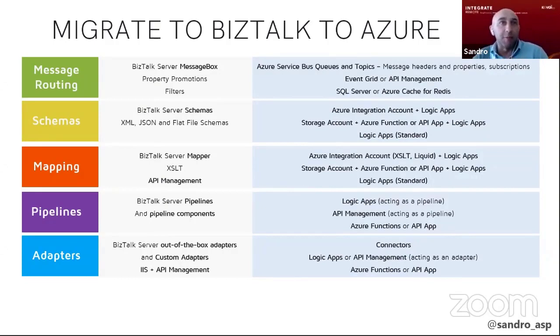For example, BizTalk has these dynamic adapters. So you can use an adapter in a dynamic way, and based on runtime settings, you set the configuration of that adapter. This is not possible to do in Logic App or with the default connectors. They don't really like dynamic settings about connectivity.